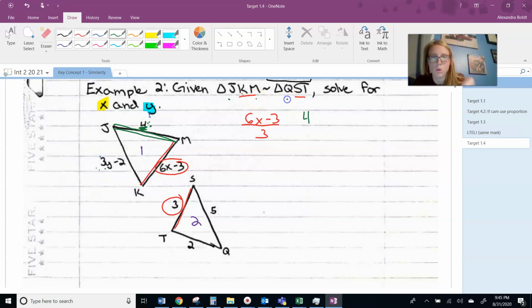So that's going to be Q and T. Okay, so Q and T is in the same spots as J and M. And again, what this similar symbol tells me is that these sides are proportional. So I can set them equal.